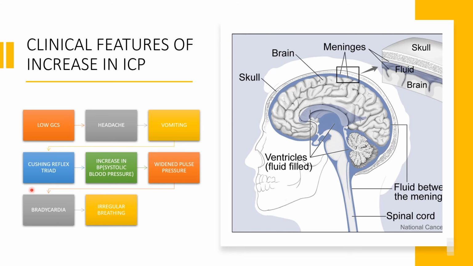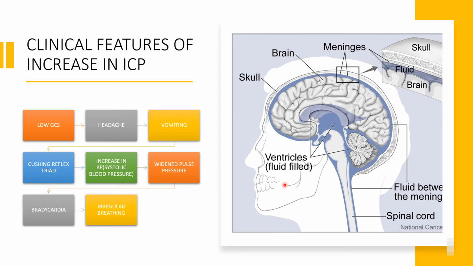Next we will see about the Cushing reflex triad, or we'll call it the Cushing triad. It's characterized by increase in BP, mainly systolic blood pressure, widened pulse pressure, bradycardia, and irregular breathing. So how is there an increase in BP?